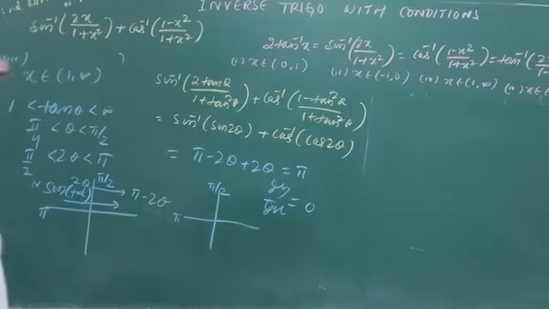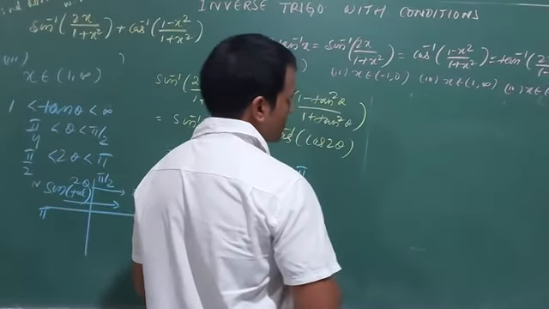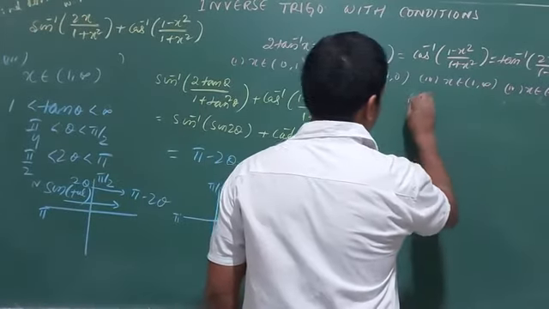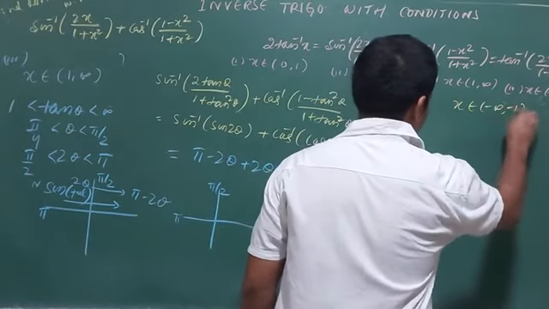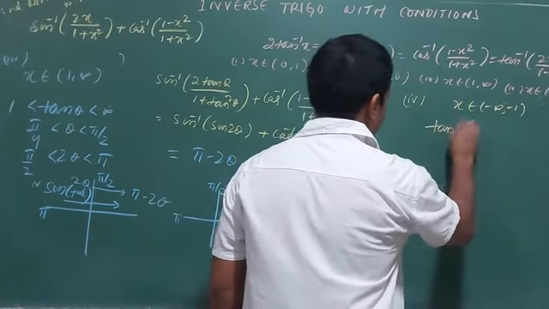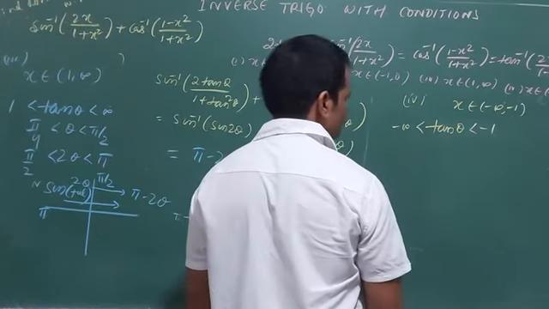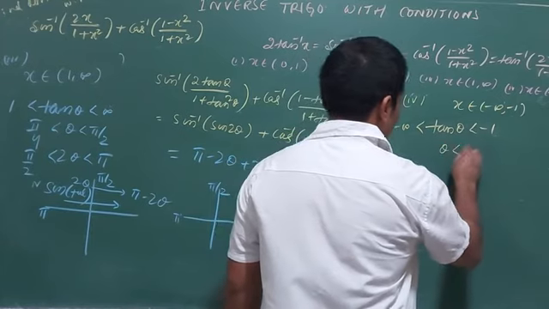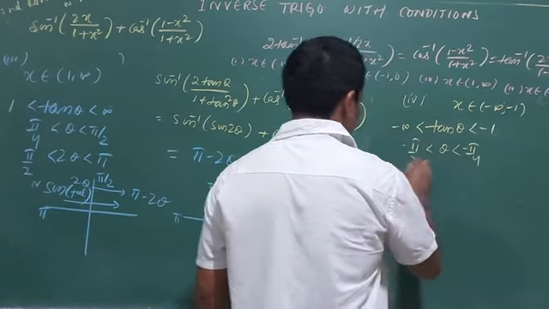Next one now. Fourth one is x belongs to minus infinity to minus 1. Tan theta is less than minus 1, greater than minus infinity. Theta is less than minus pi by 4, greater than minus pi by 2.